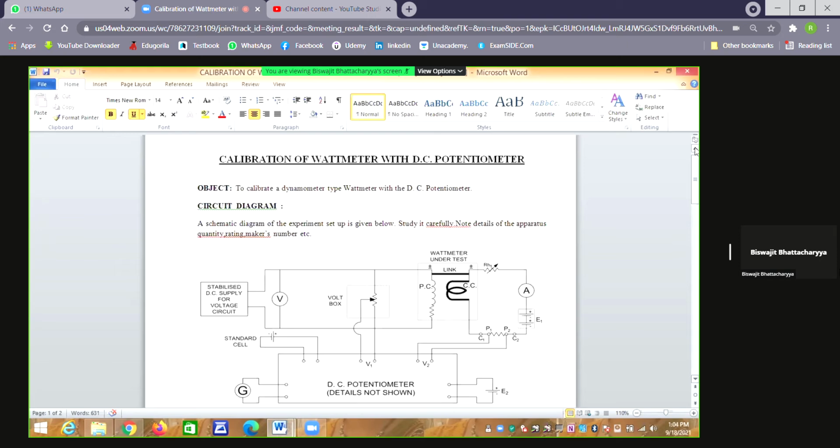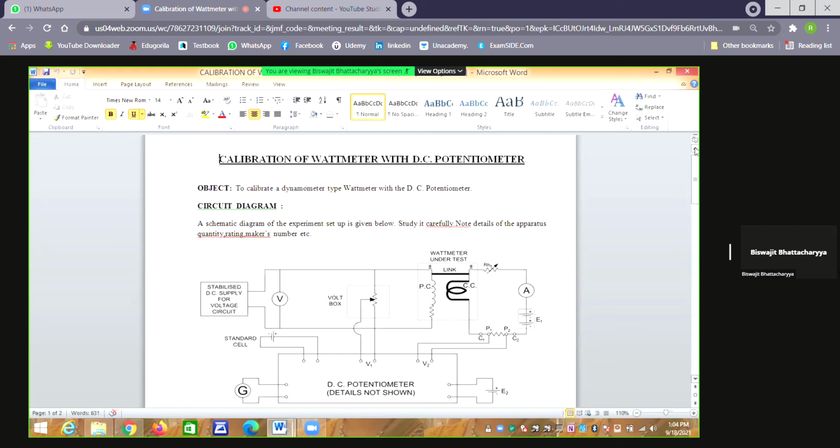But many times we call it a standard instrument; it is locally used as a standard instrument. So our wattmeter will be calibrated, or its error will be tested, by comparison with the reading of another standard instrument. So how will it be possible?